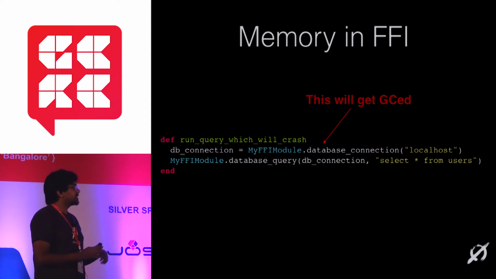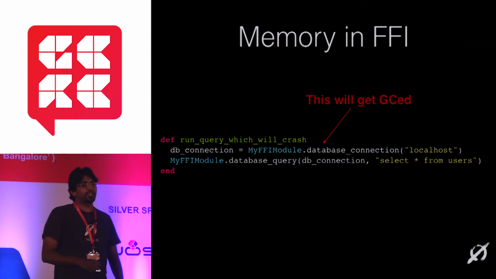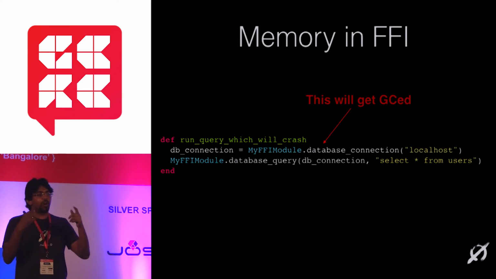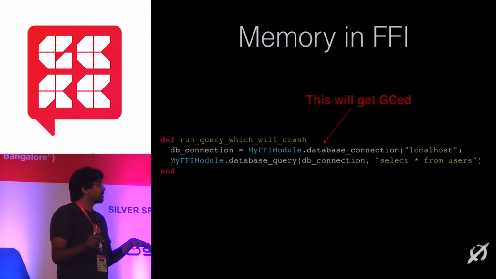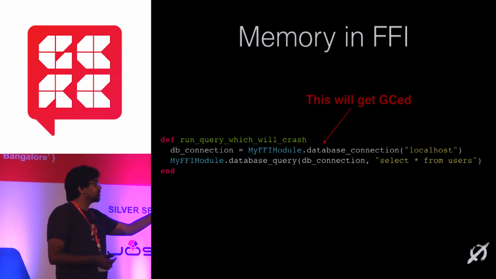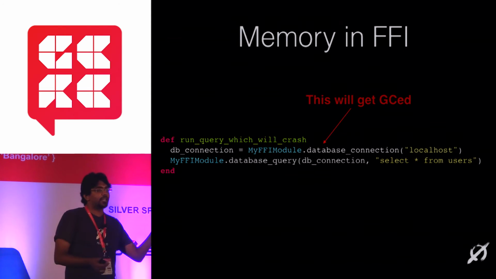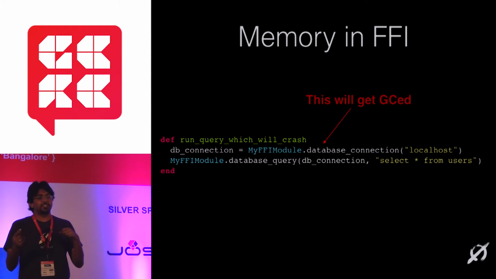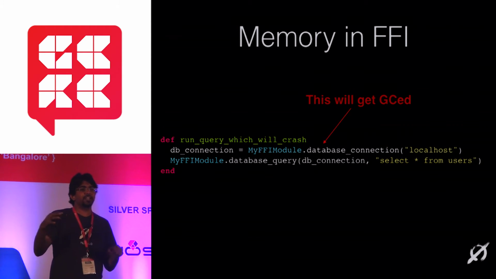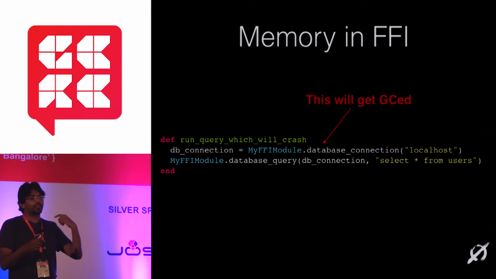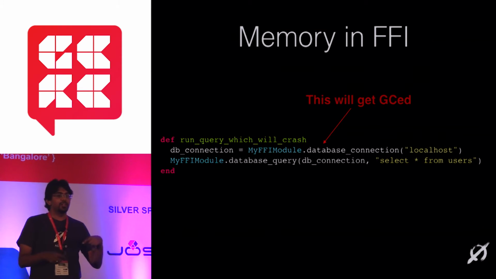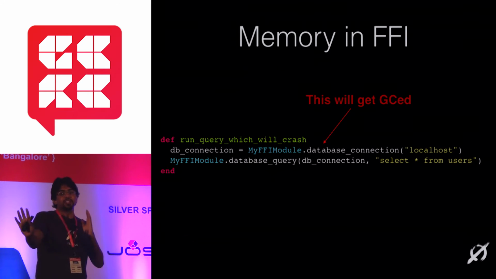So the standard pattern for solving something like this is to make sure that these two objects are aware of each other in the Ruby world. In general, what I've seen happen a lot is you save the database cursor, and you say cursor.db connection is equal to the other connection, so that this has a pointer in memory in Ruby as well, which corresponds to the C pointer.